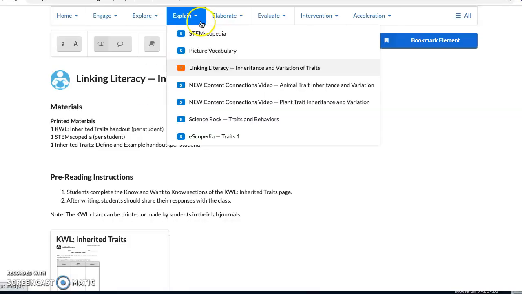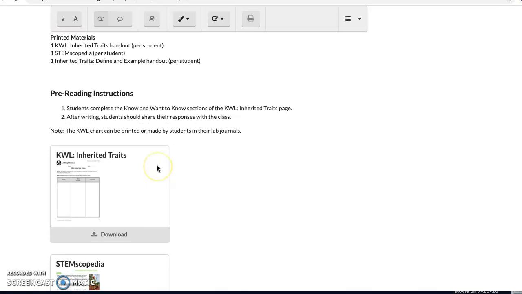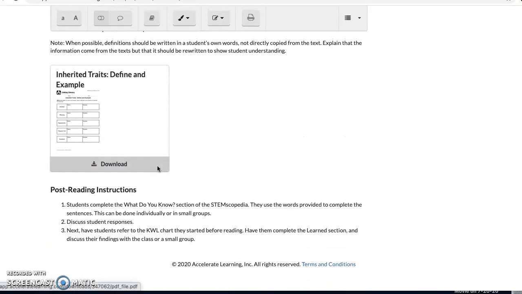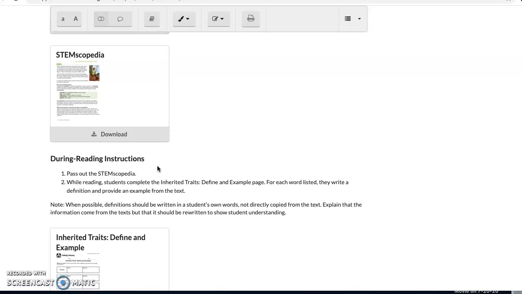And when that linking literacy is offered during a scope, I recommend you can actually use this with STEMscopepedia, instead of just doing STEMscopepedia alone, then you can incorporate that KWL with it at the same time. And so all the resources that you need for that are right here.